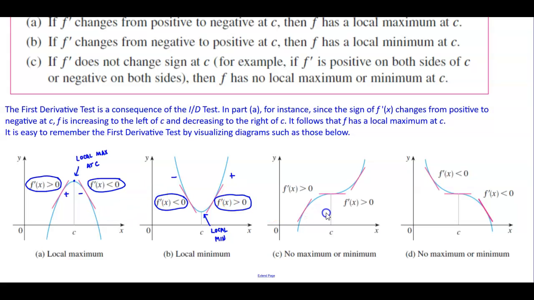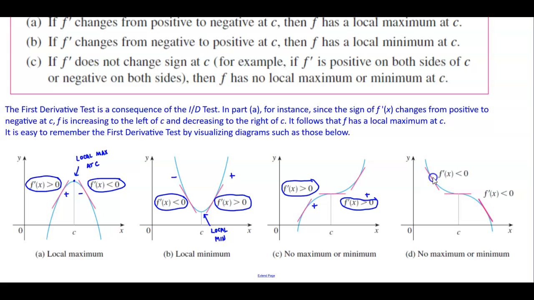Now over here, what we can see is there's no maximum or minimum because the function is increasing on the left and it's increasing on the right, which tells us that f prime, or the derivative, is greater than 0 here and greater than 0 here. Since they're the same sign, positive and positive, there's no maximum or minimum at the value of c.